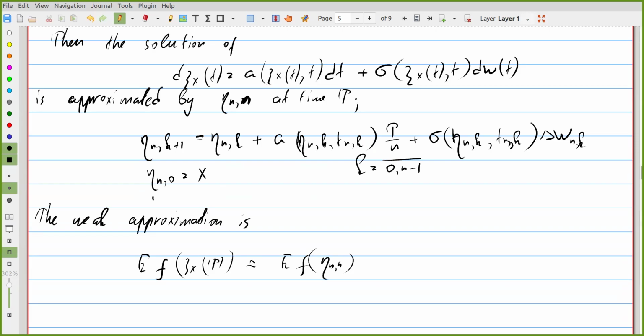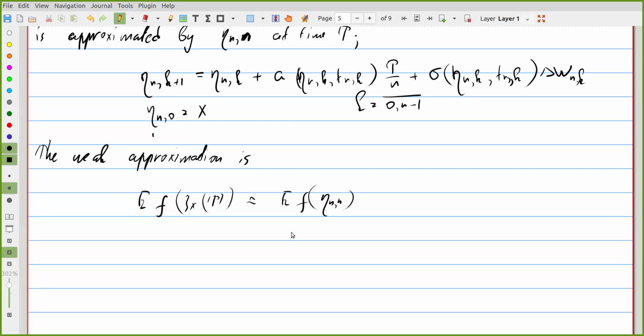Now, if f is, say, Lipschitz, we can use the result for strong convergence of the Euler-Maruyama scheme to conclude that the error of this scheme is of order 1/2. But quite a fascinating fact is that, because we don't need to model the whole trajectory, which is highly irregular, we can get much better results for weak schemes.